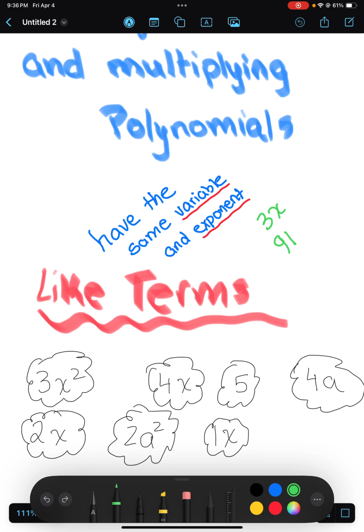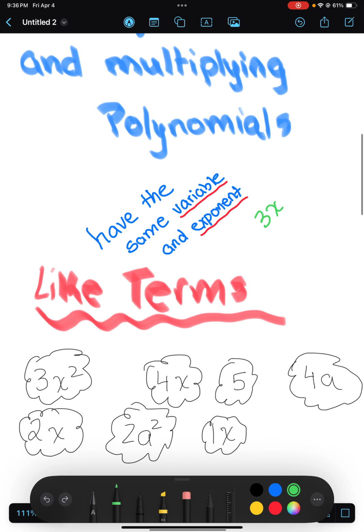Now, if I had 3x squared and I have 4x, I cannot combine these because, yes, I do have the same variable. They're both x's, but my exponent is not the same. Over here, I have my exponent of 2. Over here, remember, there's an imaginary 1. So these cannot be combined.